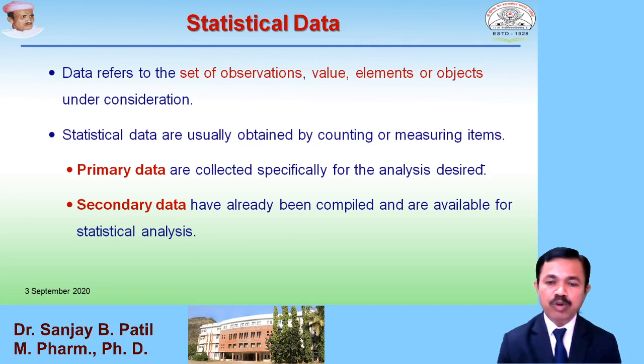So we have observations in the form of the concentrations along with their UV absorbances. Such type of data is the primary data. What is secondary data? The data which have already been compiled and are available for statistical analysis. Such type of data is known as secondary data.